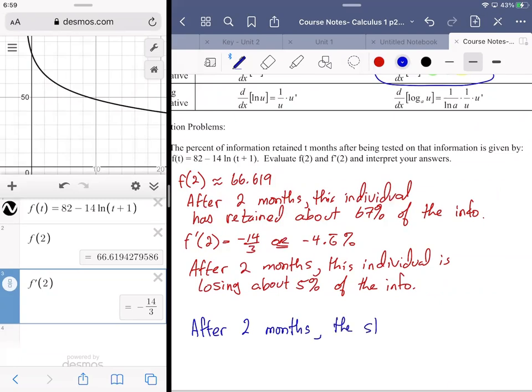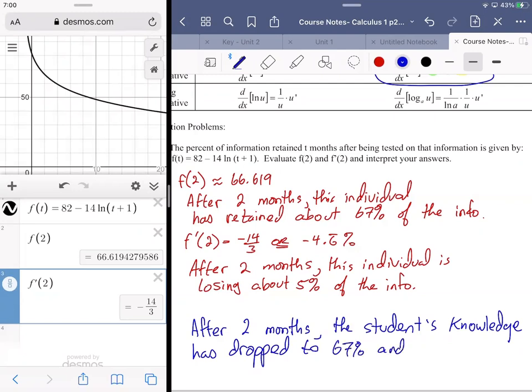the student's, assuming it's a student, knowledge or information has dropped to 67% and is dropping at a rate of about 5% per month.